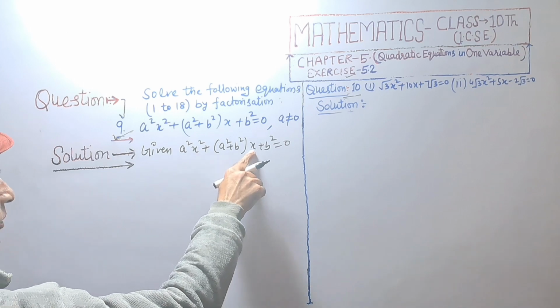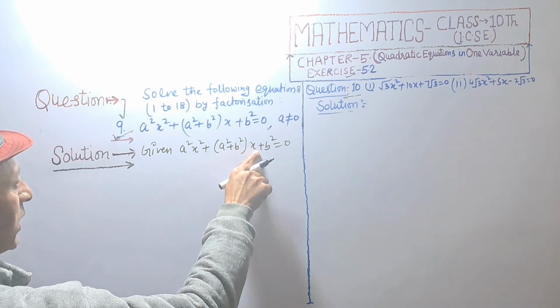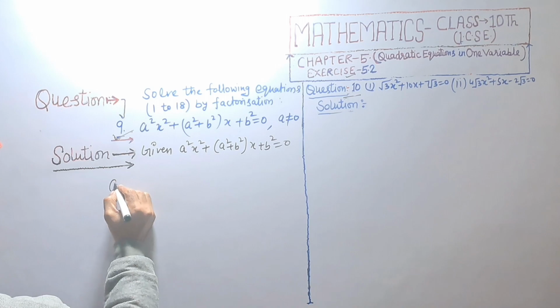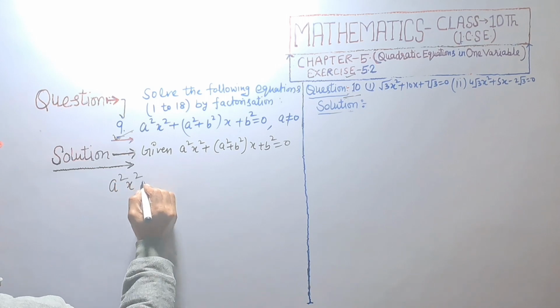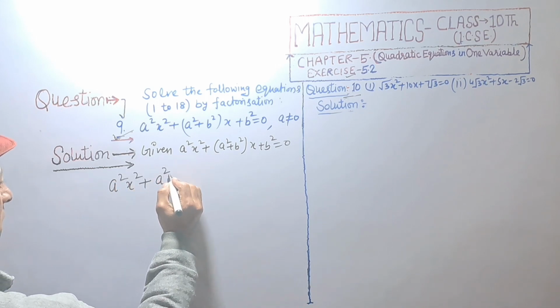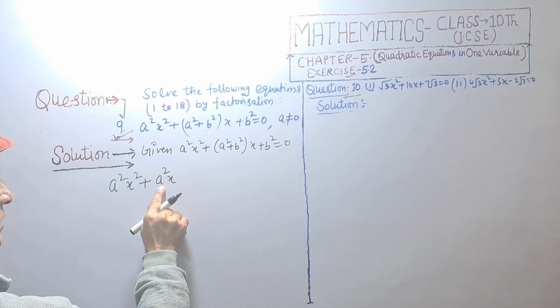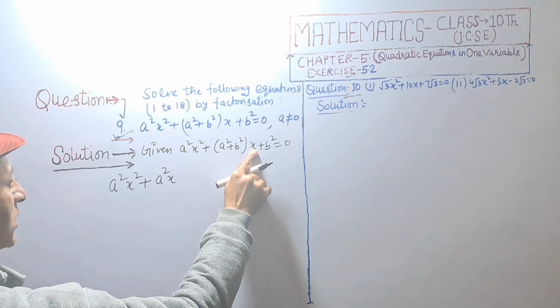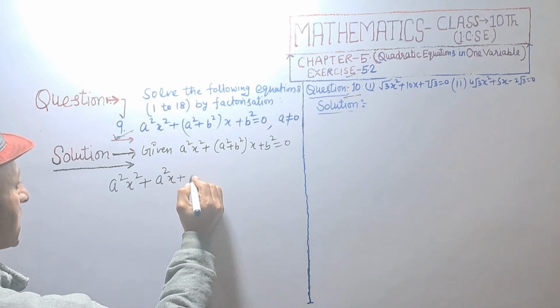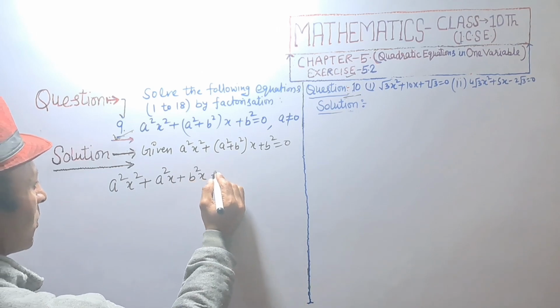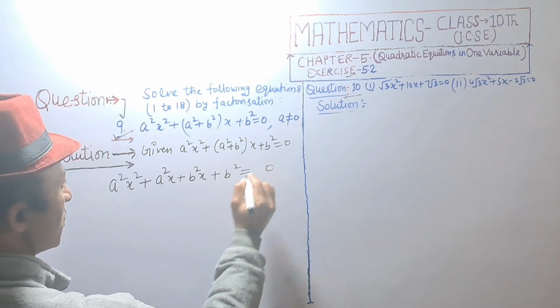First of all, we are multiplying x in a² and x in b². We get a²x² + a²x, a² into x that is a²x, and b² into x that is b²x, plus b² is equal to 0.